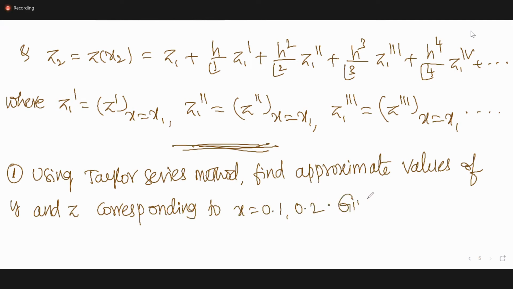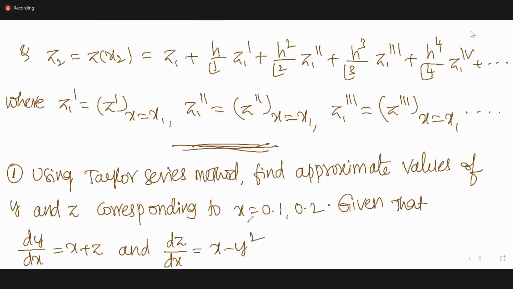Given that dy by dx is equal to x plus z and dz by dx is equal to x minus y square, with initial conditions y of 0 is equal to 2, z of 0 is equal to 1.